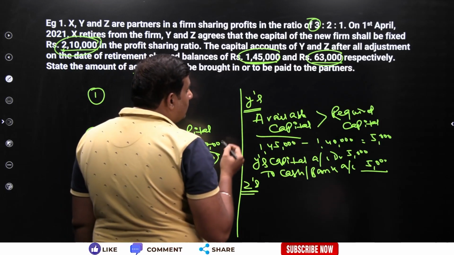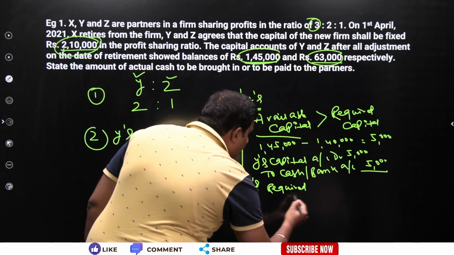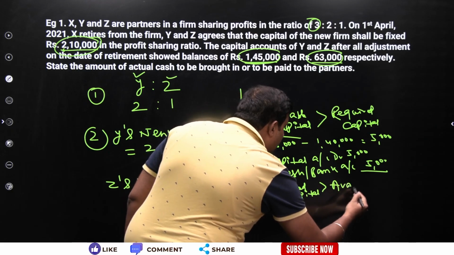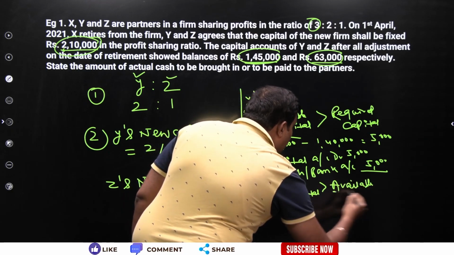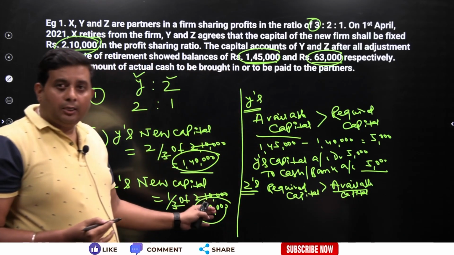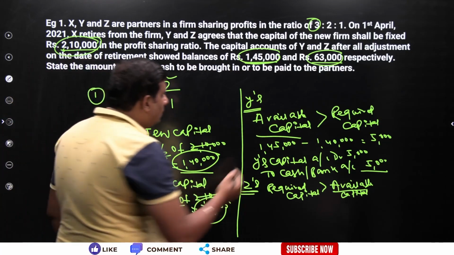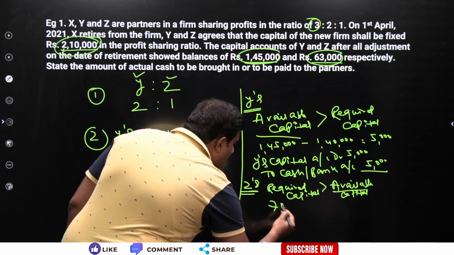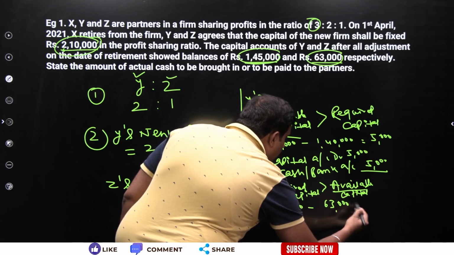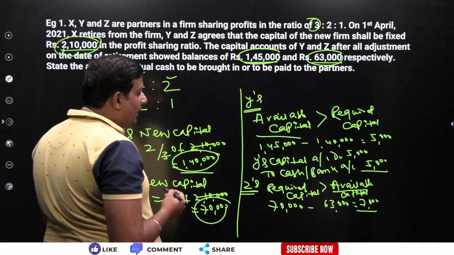So the required capital is greater than the available capital. So there is a condition of deficiency, and this deficiency has to be brought in by Z as additional capital. The required capital is 70,000 as we have calculated, and the available capital for Z was 63,000. So there is a difference of 7,000, and this amount has to be brought in by Z.